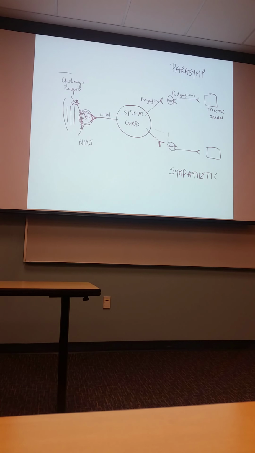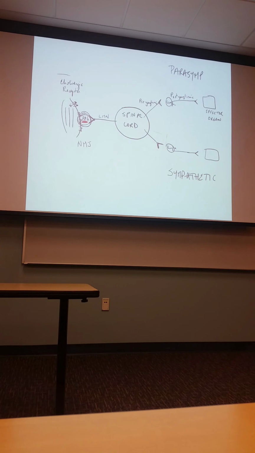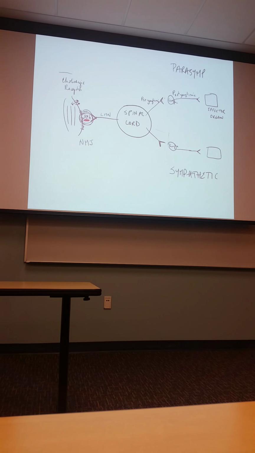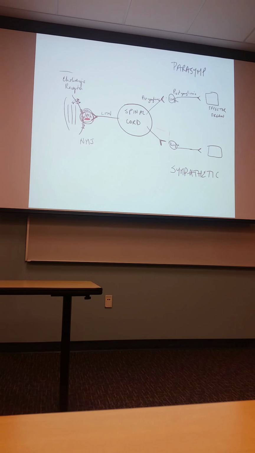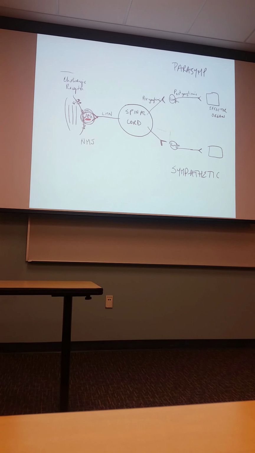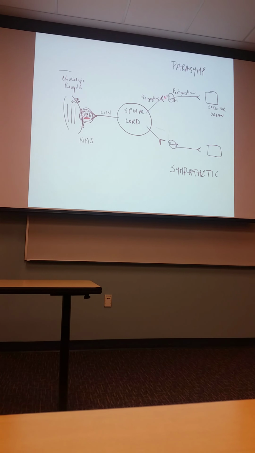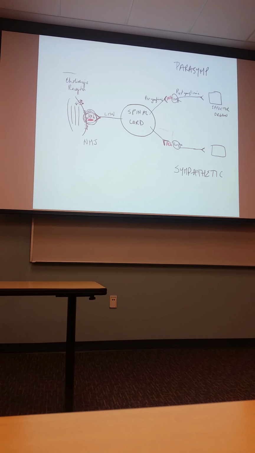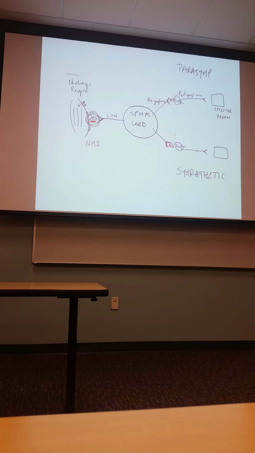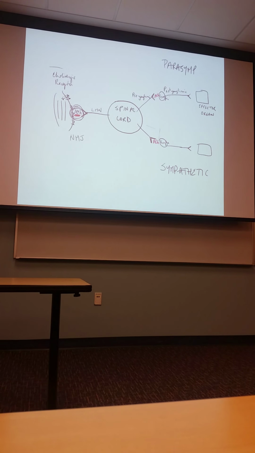The preganglionic neurons, in both the sympathetic and parasympathetic systems, are going to secrete the same neurotransmitter as the somatic system, which is acetylcholine. So you see here that the neurotransmitter secreted by the preganglionics and the lower motor neuron is acetylcholine. So it's the same.